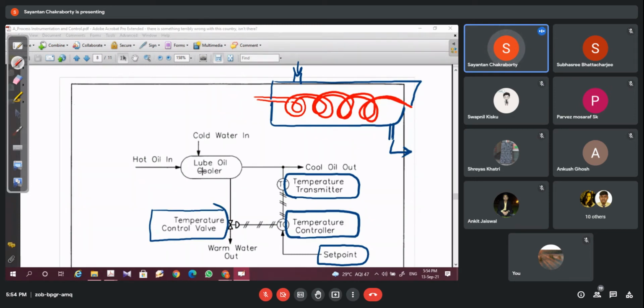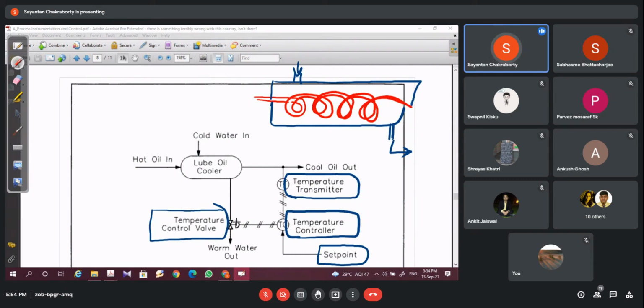The other way around, if the temperature is less, then you can allow the water flow rate to be less, so you can close the valve. This way, it is controlled. So this is a very fundamental feedback control system where the controlled variable is the lube oil temperature that you want to maintain, and the manipulated variable is the water flow rate.